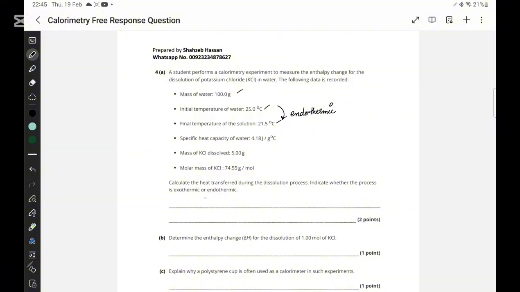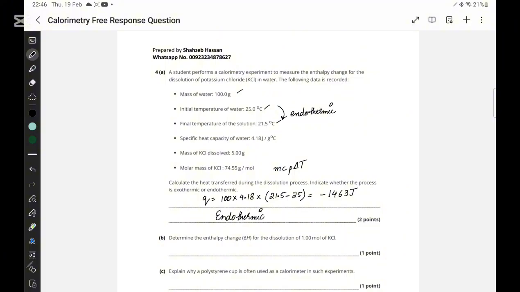And if we find Q, Q is equal to mCΔT, where m is the mass, that is 100 grams of water, c is the specific heat capacity, and ΔT is going to be 21.5 final temperature minus 25, so that comes out to be minus 1463 joules, and this process is endothermic.